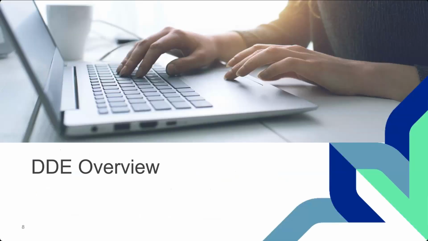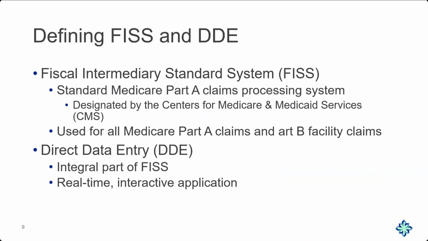So we're going to begin with an overview of direct data entry. The Fiscal Intermediary Standard System, and I have to slow down when I say that because I get a little tongue-tied with terms sometimes. That's the processing system that was chosen or designated by CMS to be used for all Part A and Part B facility or institutional claims.